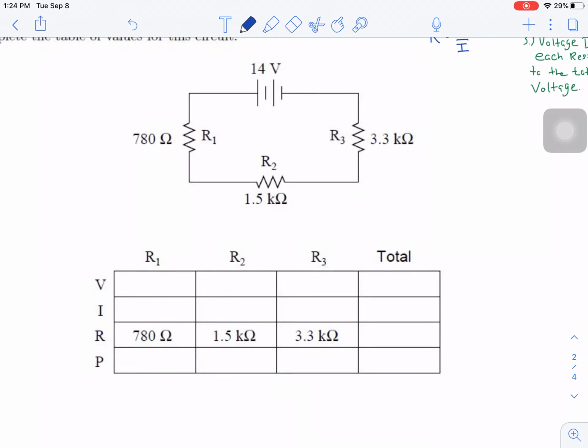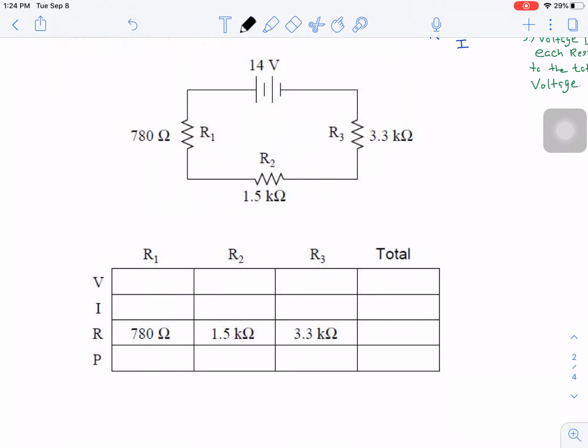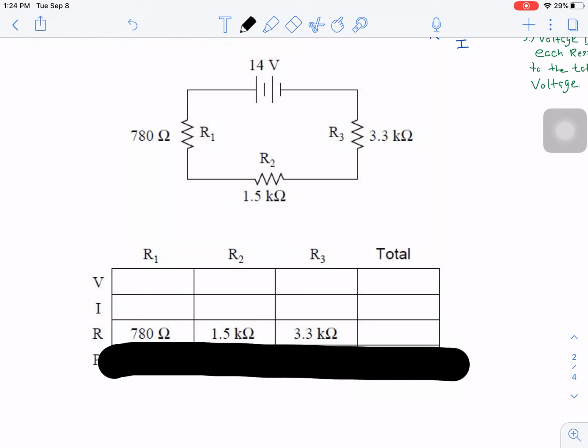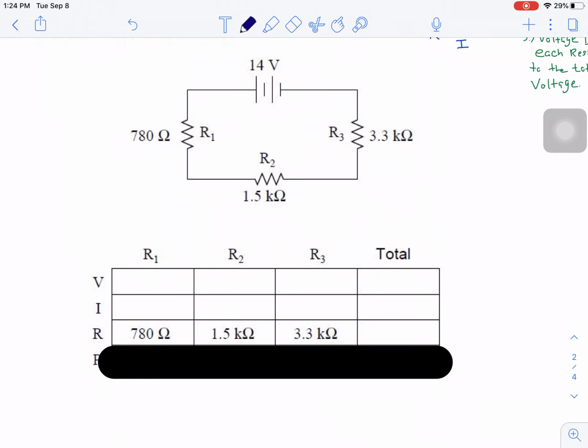Well, if we look at our circuit and we look at this table, as I mentioned earlier, we are not going to worry about power for now, so I'm just going to get rid of that. Okay, so the first thing we look at is what can we solve? What do we know?